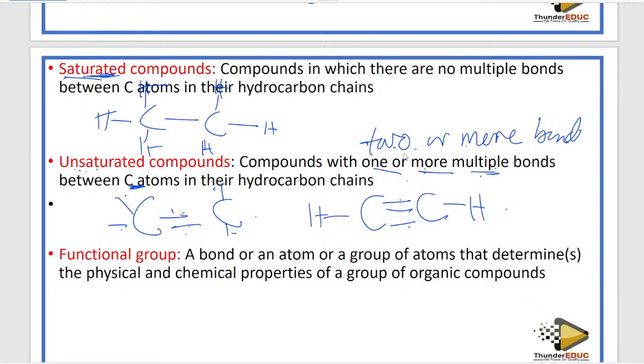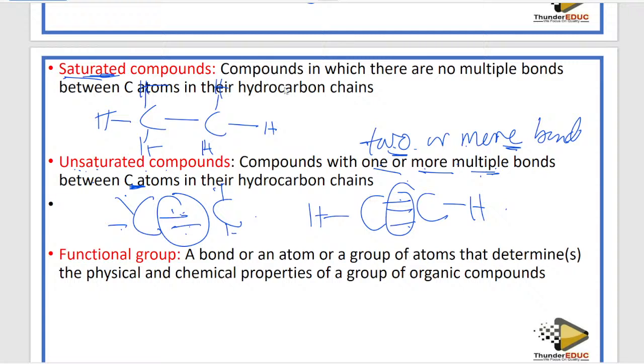So it has two or more. You can say two or three bonds between. You understand? So what you want to see is that it is not single bond throughout, but the words between carbon atoms must be there.